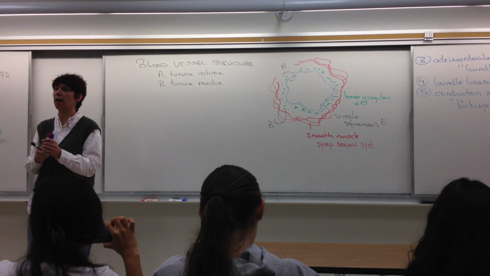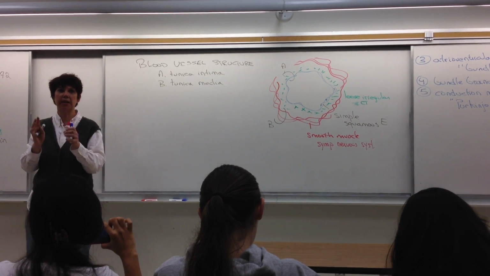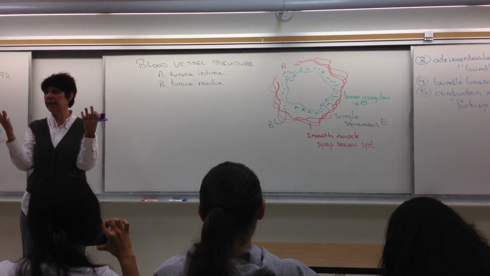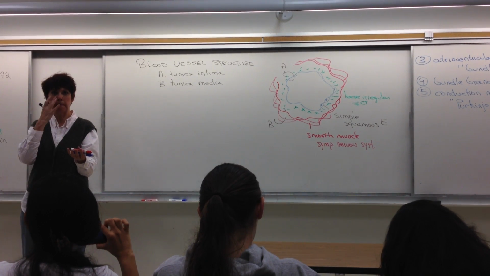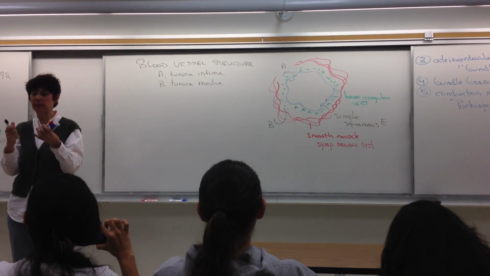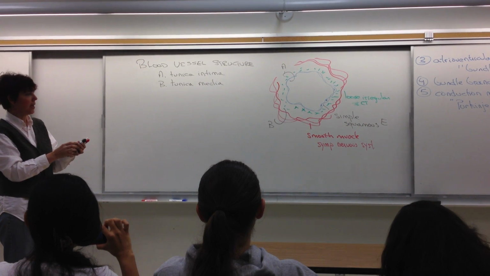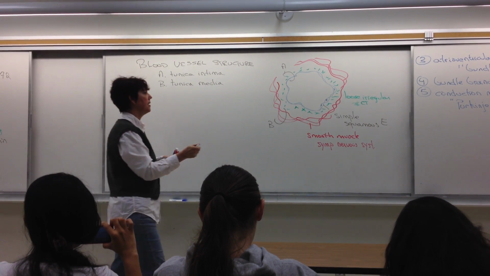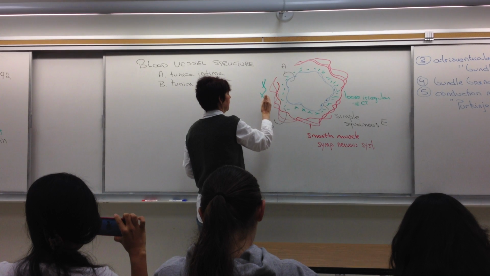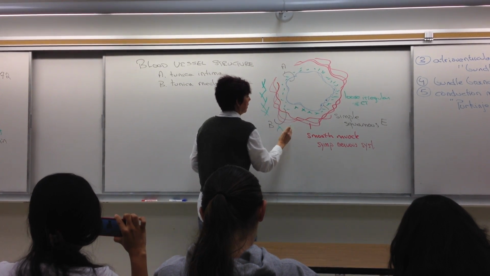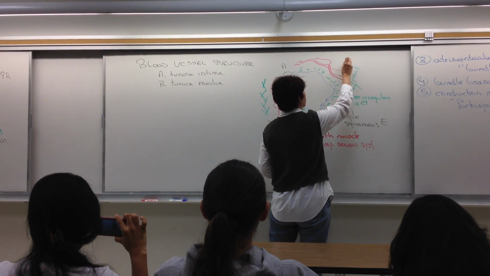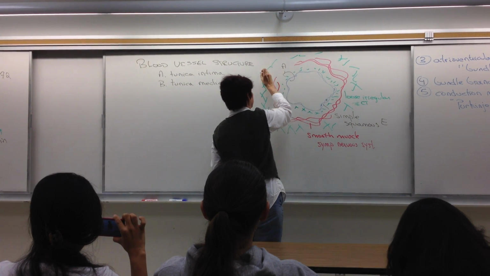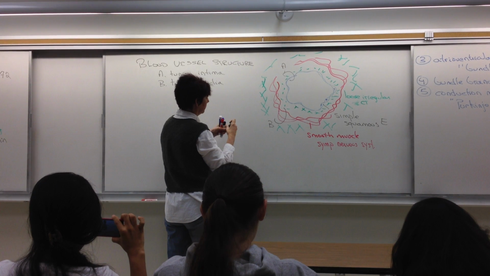And remember, with our nerves, we talk about a covering of connective tissue, the perineurium or epineurium, depending on what layer we were talking about. So we also have a dense, irregular outer layer of connective tissue that helps to support these vessels.